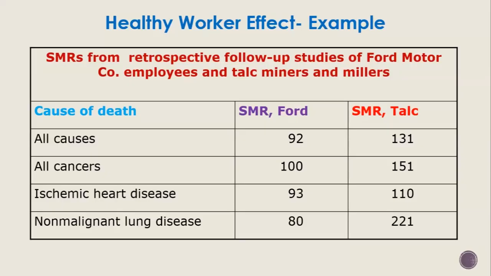At talc, the SMR was 31% greater in workers. So if you had to choose between these two places to work, which would you choose and why? Which workplace is a safer place to work?